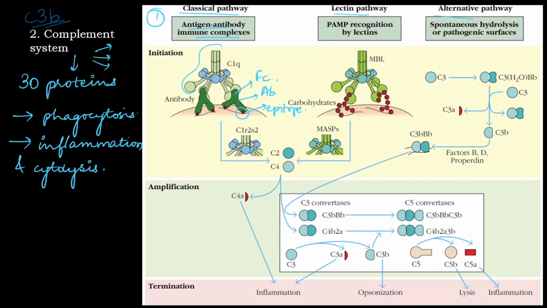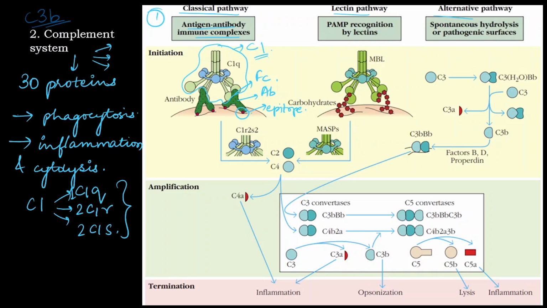Here we can see the C1 molecule. Now what is the C1 molecule? It's a component of the complement system. C1 is actually a very large macromolecule with 3 components inside it. It consists of 1 molecule of C1q, 2 molecules of C1r and 2 molecules of C1s.